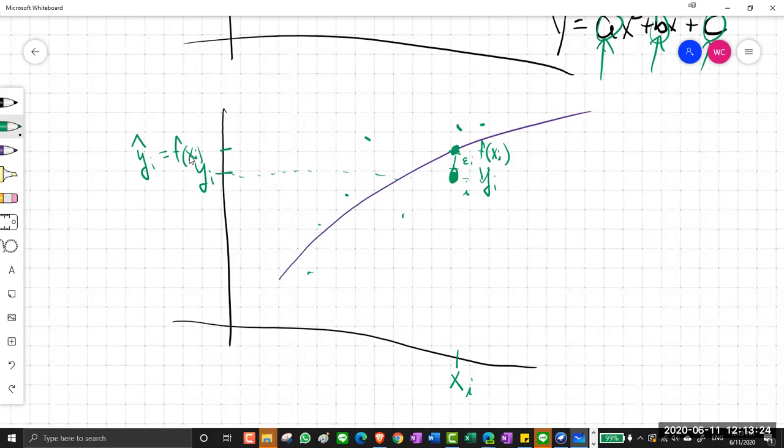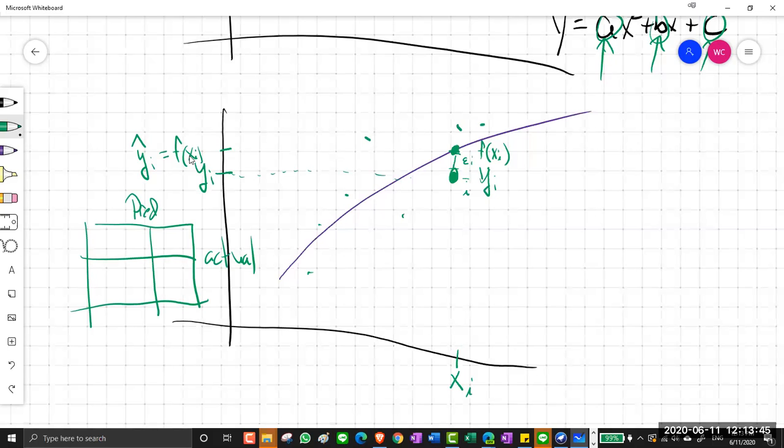So in statistics, remember in the confusion matrix, we had something like the predicted up here and the actual here. I forget if it was that way or the other way around. Remember the confusion matrix?